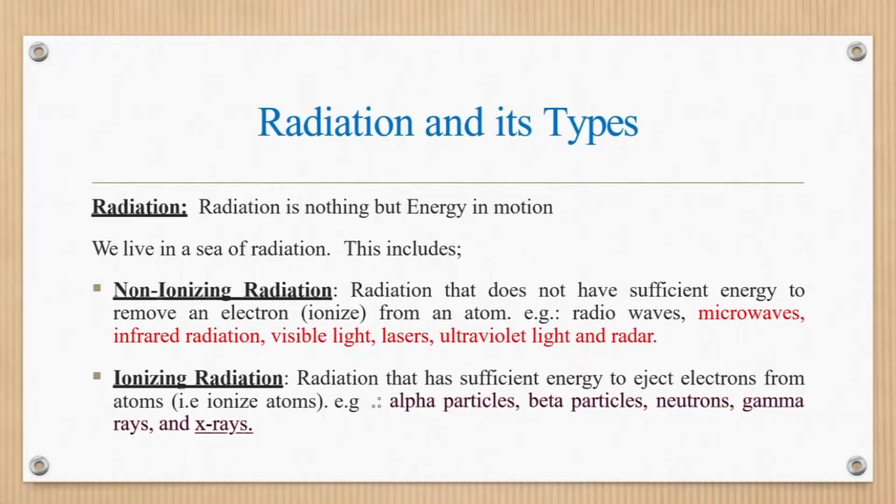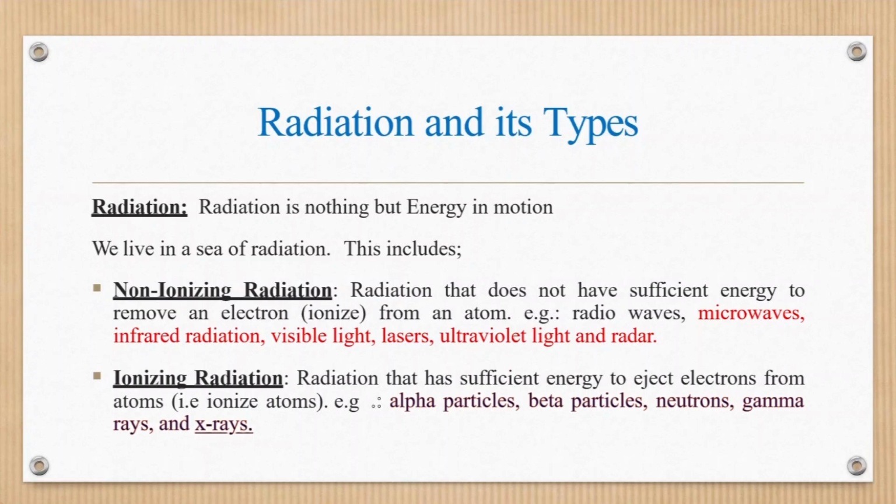Non-ionizing radiations do not have sufficient energy to remove an electron from an atom. It means they cannot ionize, they cannot produce ions, like radio waves, microwaves, infrared radiation, visible light, lasers, ultraviolet light. All these are non-ionizing radiations, and the risk from these radiations is almost negligible.